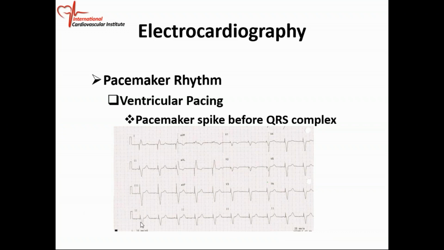The electrical current is depicted as spikes. So you can see a spike there, a spike, a spike, a spike. That means your pacemaker is putting out an electric output.